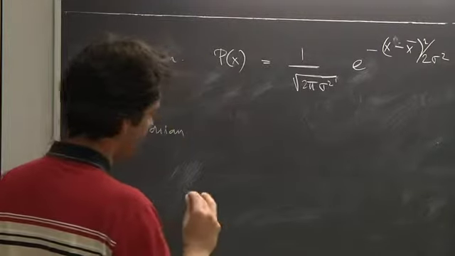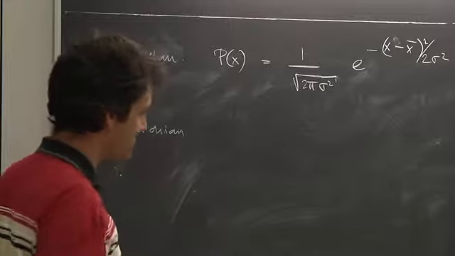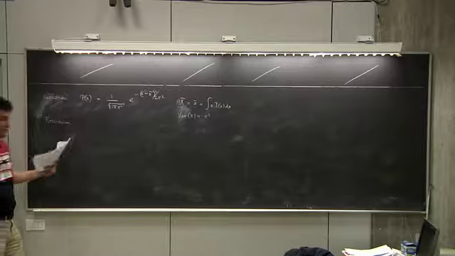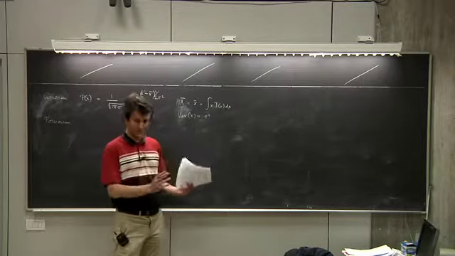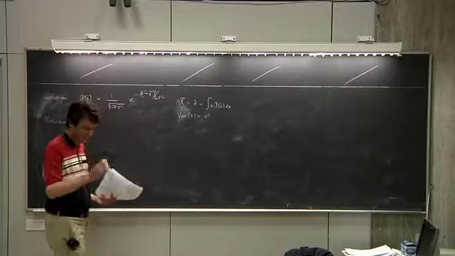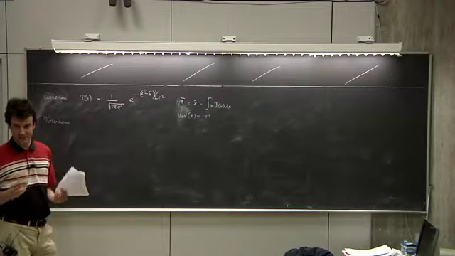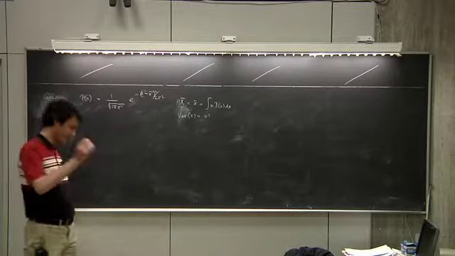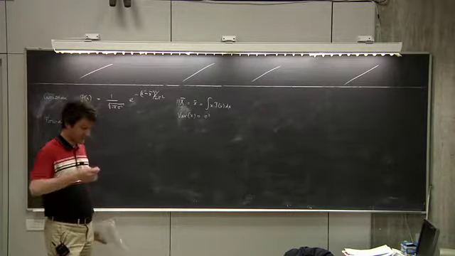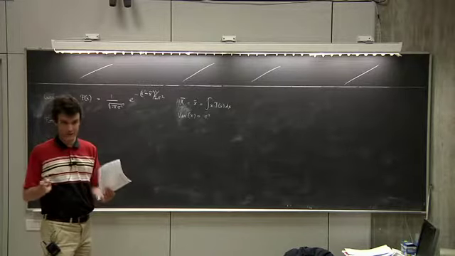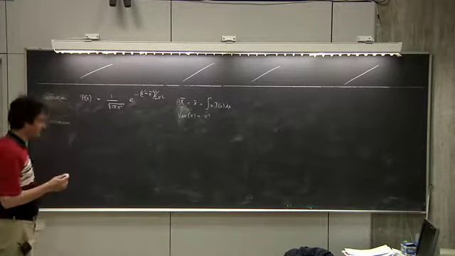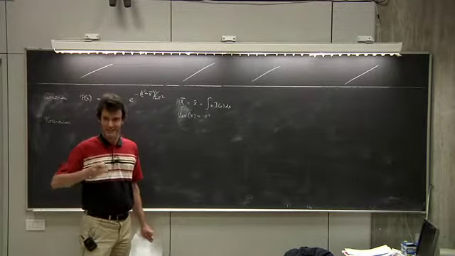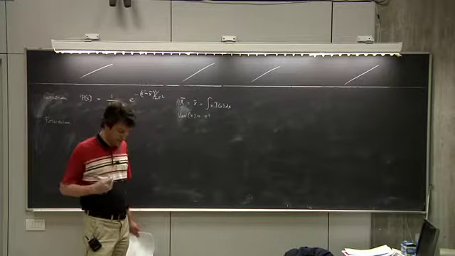But you get the Poissonian distribution if you have very rare processes. So you have, for example, a lot of radioactive atoms which can decay, but each atom has a very small probability to decay. Now you ask, if I have 10,000 atoms and each one decays with a probability of 10 to minus 5 within a certain time interval, then on average, I only expect 1/10 of an atom to decay.